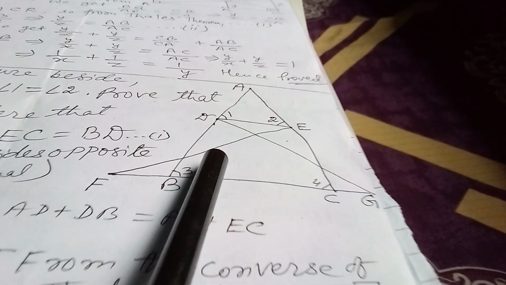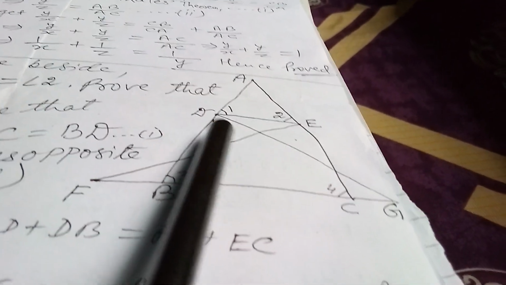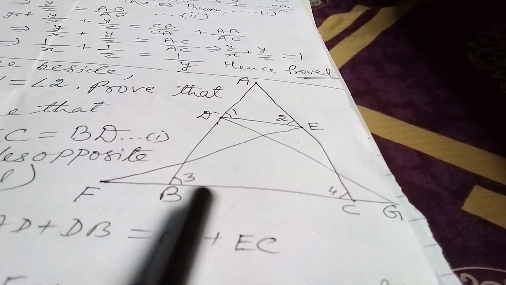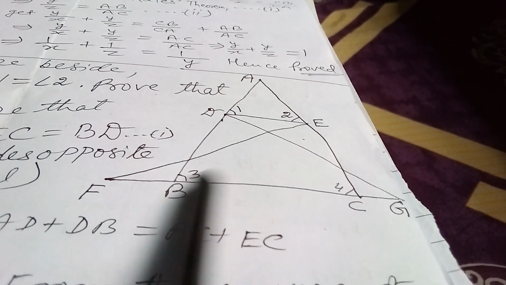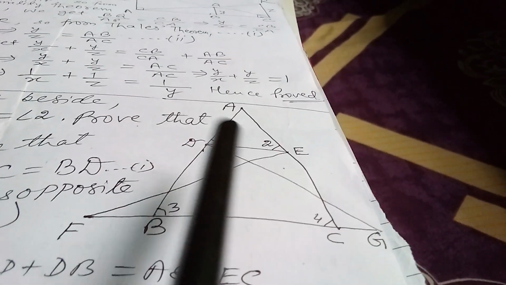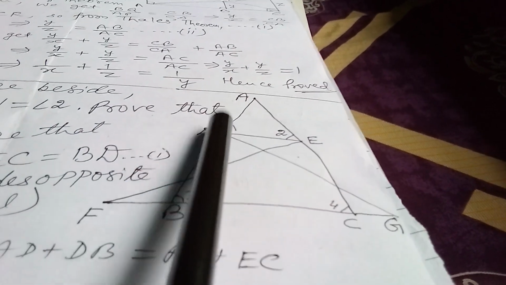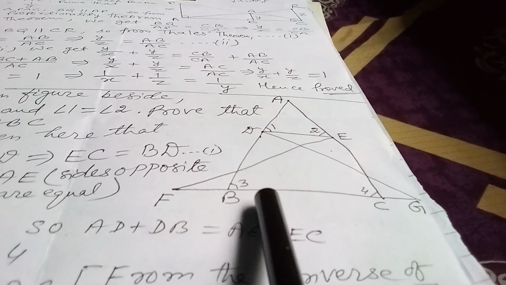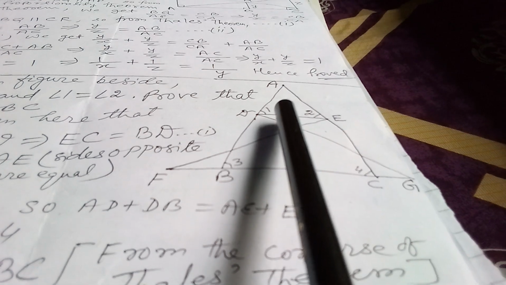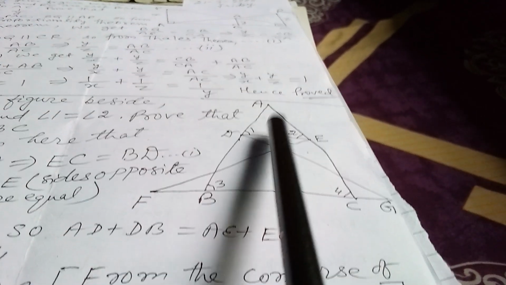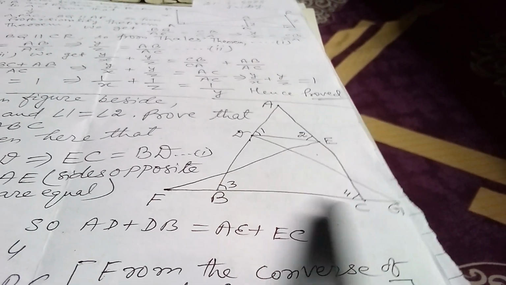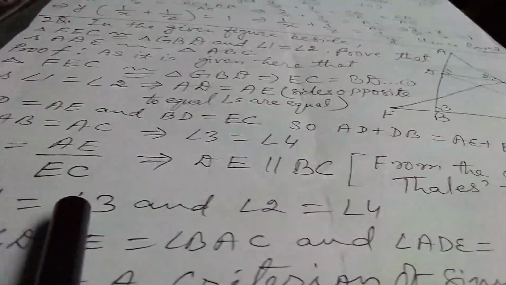Because in Thales theorem, you know that in a triangle ABC, if DE is parallel to BC, then what we find? AD by DB equals AE by EC we get. And conversely, if AD by DB equals AE by EC, then DE is parallel to BC. This is only the converse.